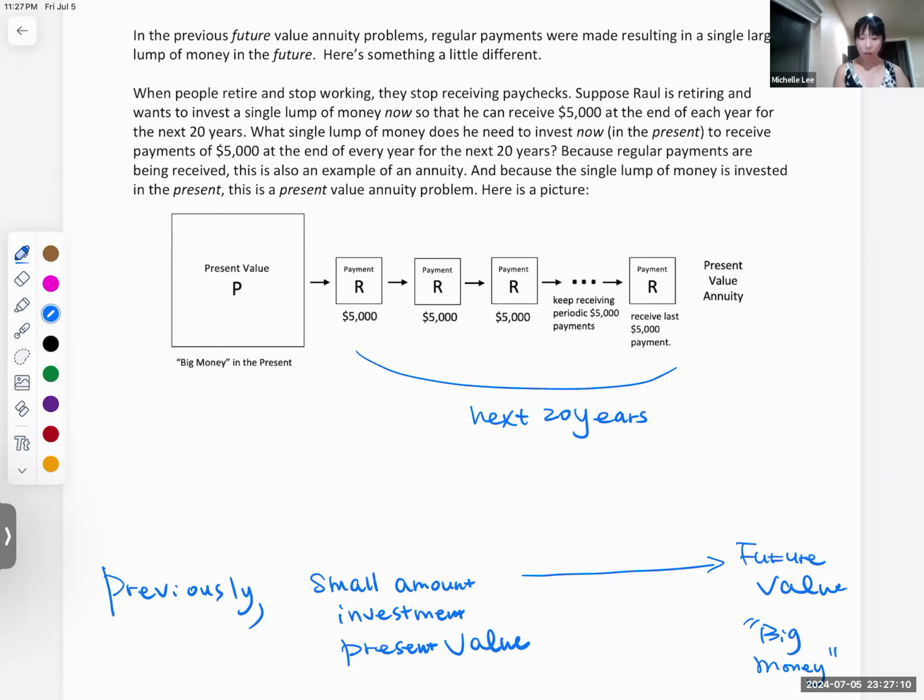Now, we have big money present, and then we get an annuity for 20 years. Is it clear?